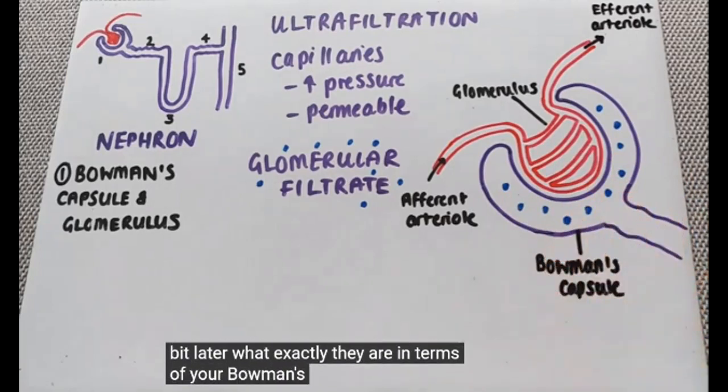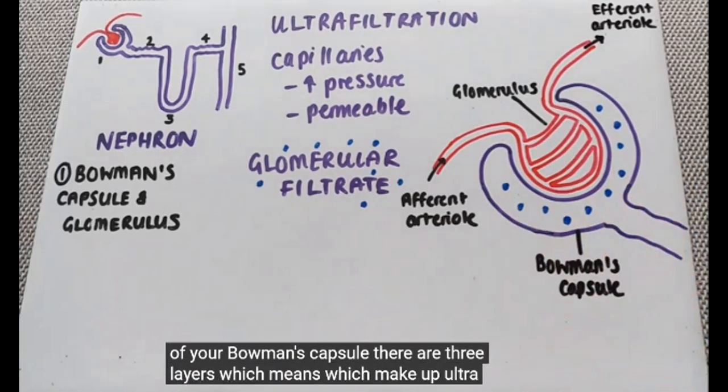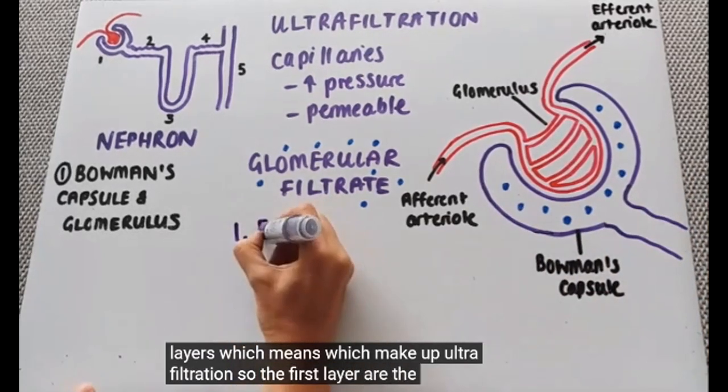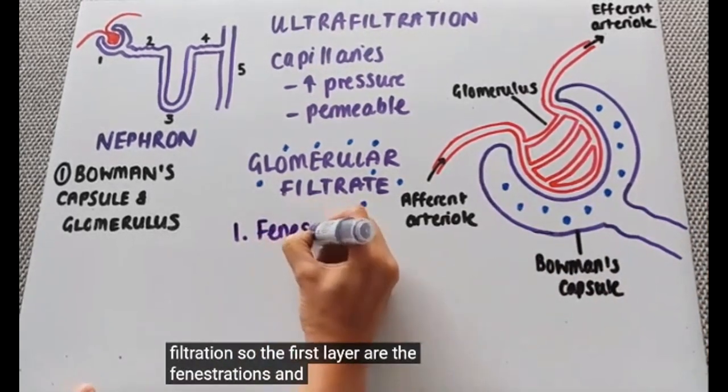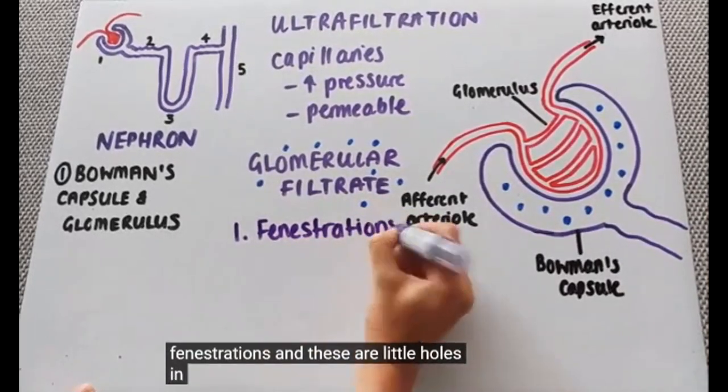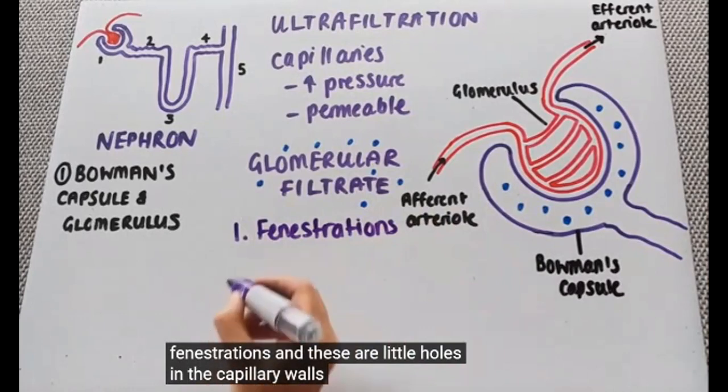In terms of your Bowman's capsule, there are 3 layers which make up ultrafiltration. So the first layer are the fenestrations, and these are little holes in the capillary walls.